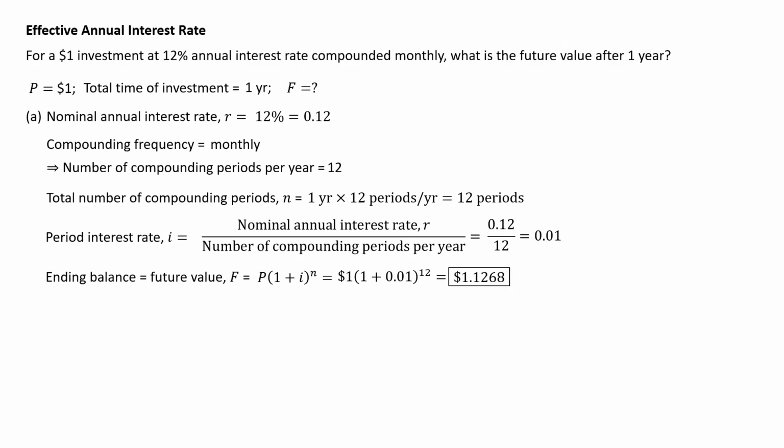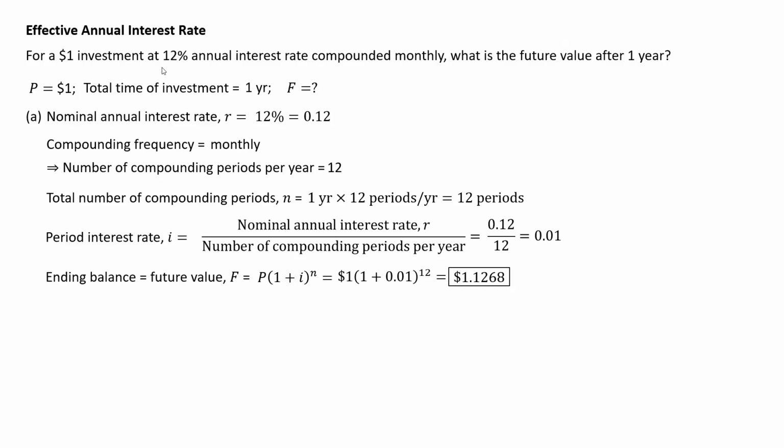But for 1 year, shouldn't that be P times 1 plus I? You remember? And I is 12% per year. So in 1 year, on a $1, you should pay 1 times 0.12, right?